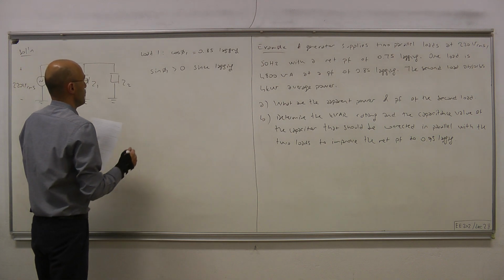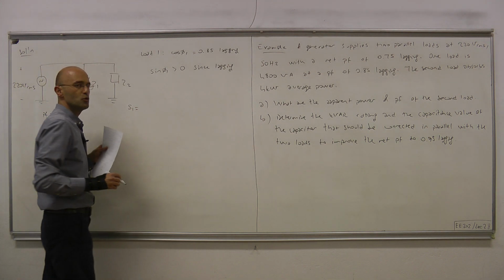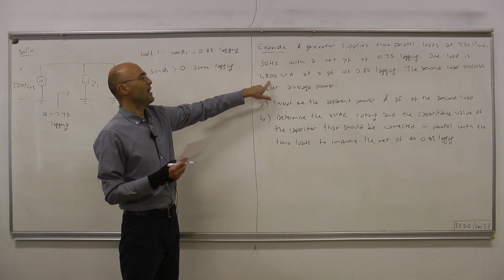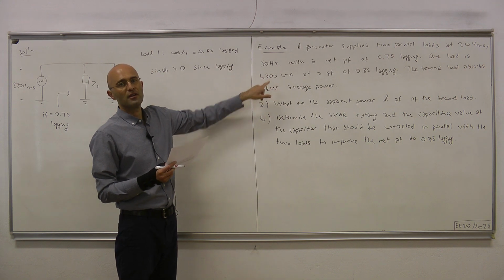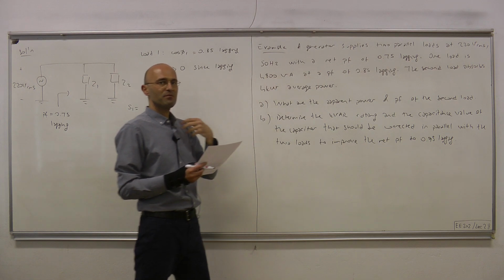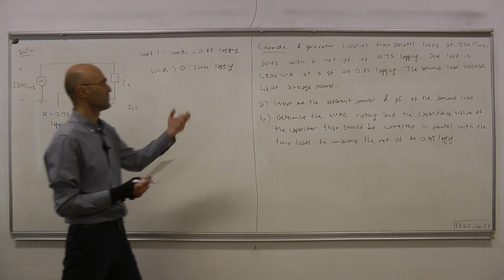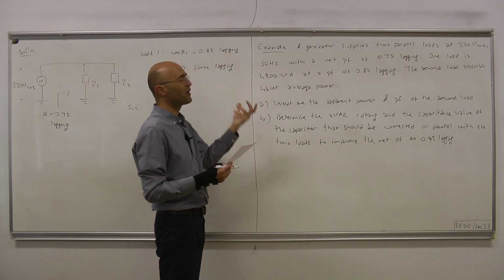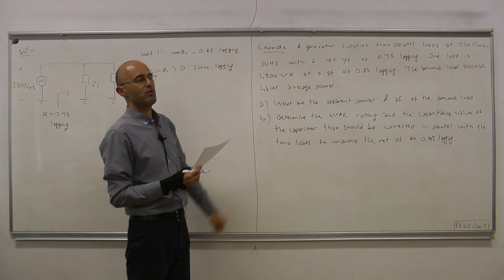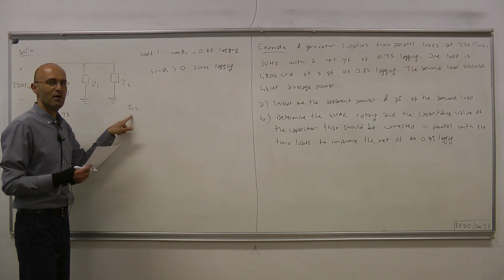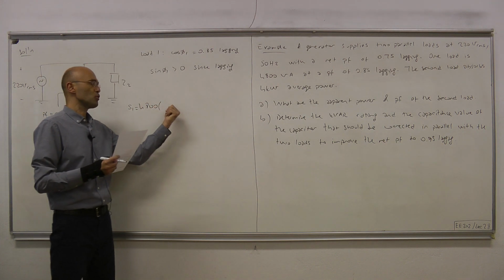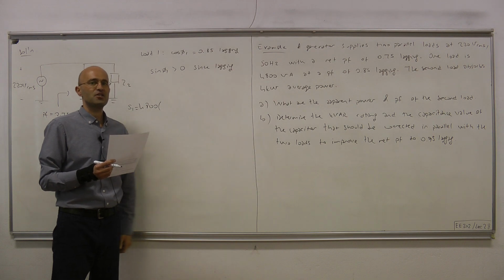Okay, and therefore we can immediately write S1 to equal. Now the other piece of information that we're given is the volt amp rating of the first load. So by looking at the unit, we know that this quantity represents the apparent power of that load. Okay, so this is the magnitude of our complex power. Hence, the complex power can be written as that magnitude times cosine phi 1 plus j sine phi 1.